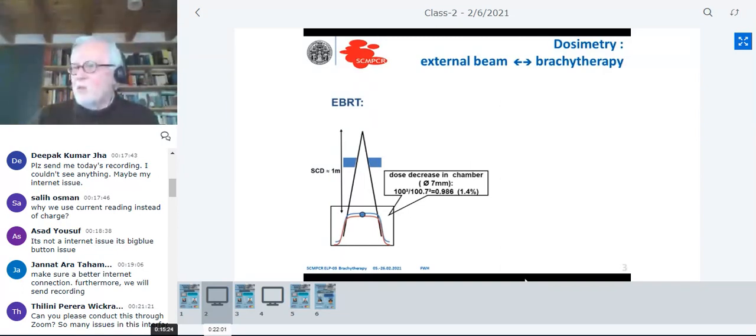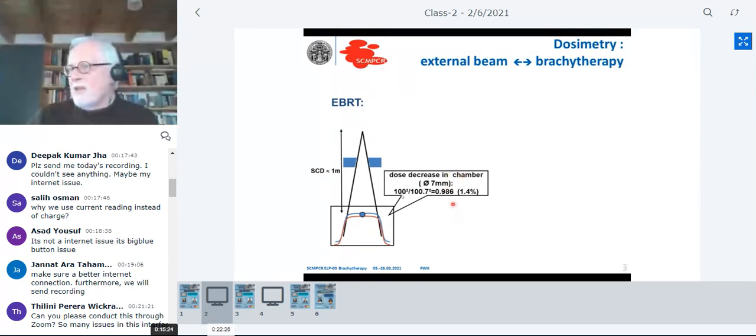The uncertainty from the inverse square law in the ionization chamber is something that you have to take into consideration. On the depth dose curve, your dose decreases from the entrance of the chamber to the exit of the chamber. This decrease is about 1.4% in a typical ionization chamber with a diameter of 7 millimeters.